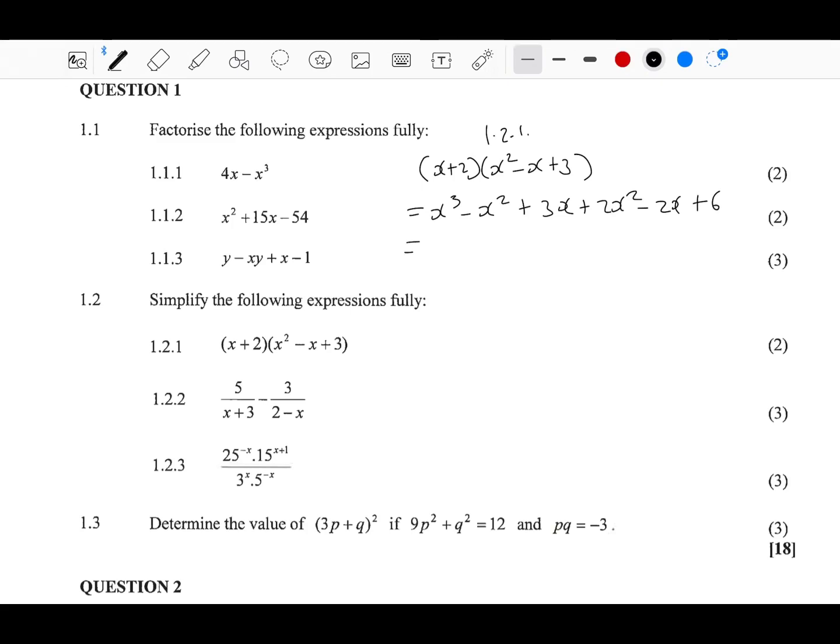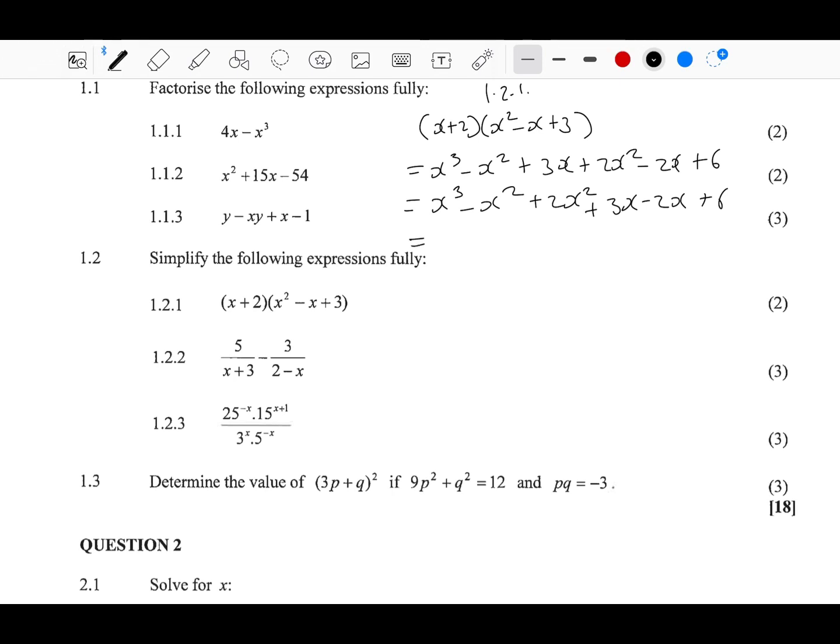And then from here you group the like terms. So the like terms, I see negative x squared and I see 2x squared. I see 3x, I see negative 2x, those are like terms: 3x minus 2x, and 6 has no like term. And then you can now add or subtract the like terms. So negative x squared plus 2x squared is negative 1 plus 2, which is negative 1.